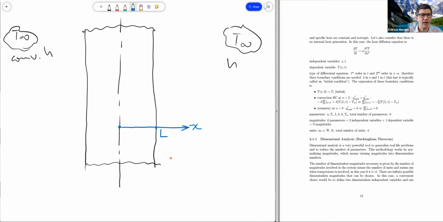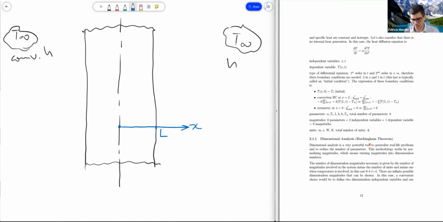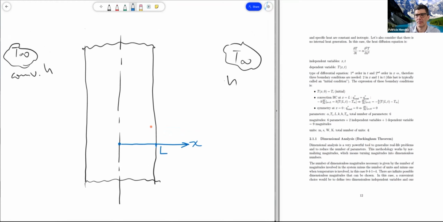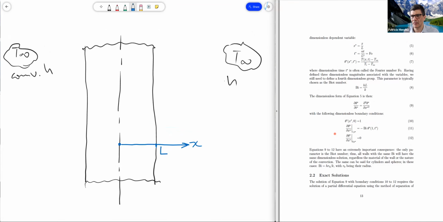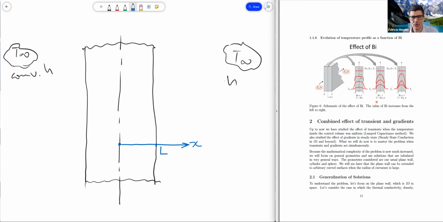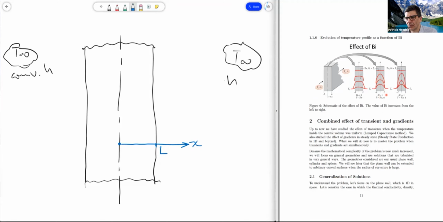The temperature profile in this wall is this temperature profile we have, depending on whether we have a high or low Biot number. And do you see that is symmetric? We are going to be using that. And if it is symmetric, the slope right at the center is 0.